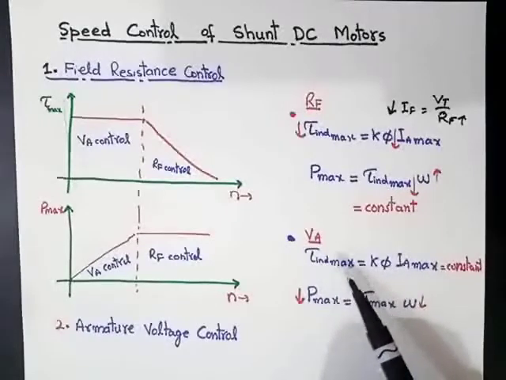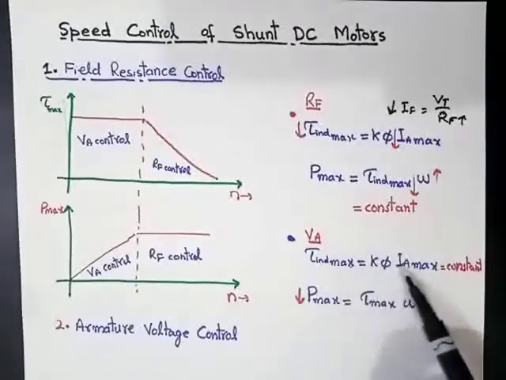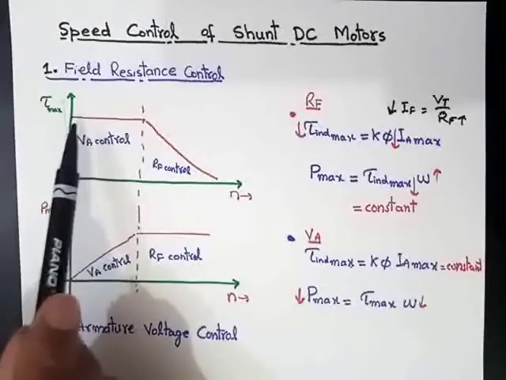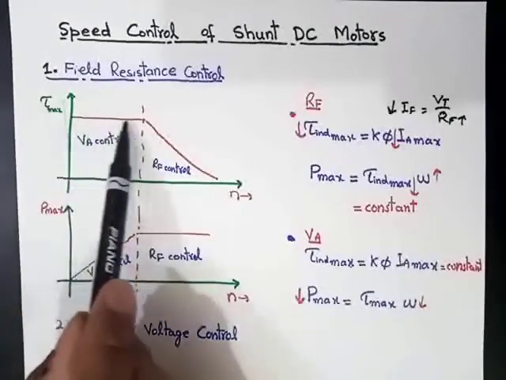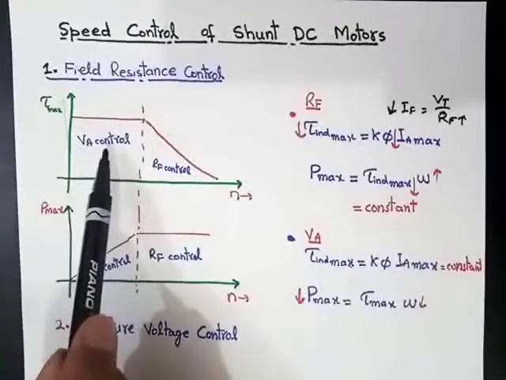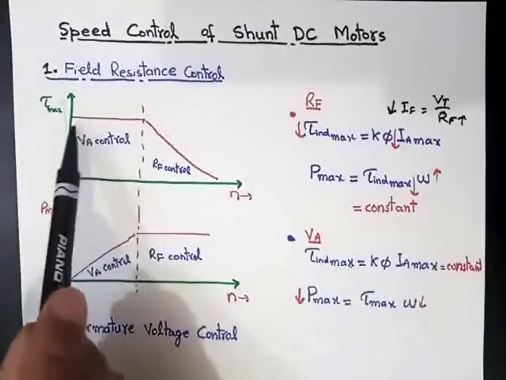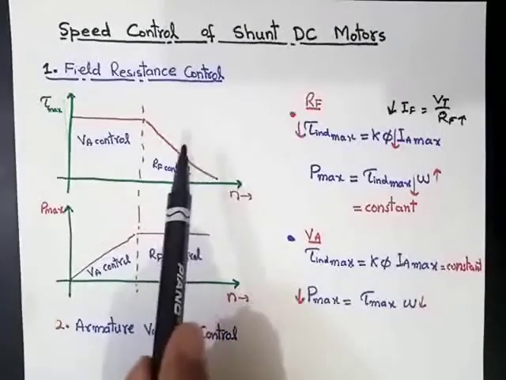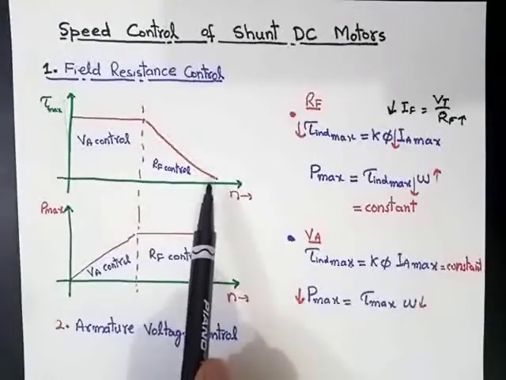The maximum torque induced in case of the armature control method will be constant. Therefore, the graph of the maximum torque due to armature voltage control will be constant. It means the maximum torque due to the armature control method will be constant, and due to the field resistance control method, the maximum torque will decrease.